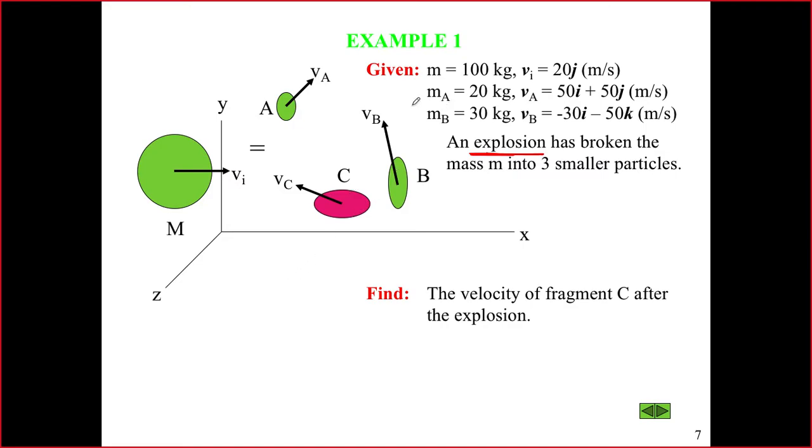So what I mean by that is that conservation of mass would also hold true. No fancy conversion of mass into energy or vice versa. So अगर मुझे MC नहीं given इधर, which I can see I don't see MC, then the mass of C is just going to be the total mass that we started with minus the two that have formed, right? So MC is just going to be 50 kg.